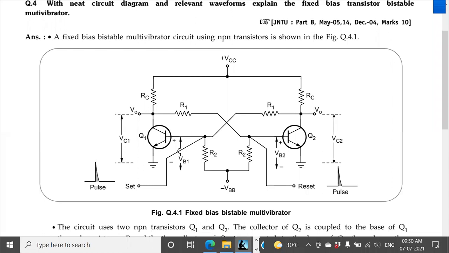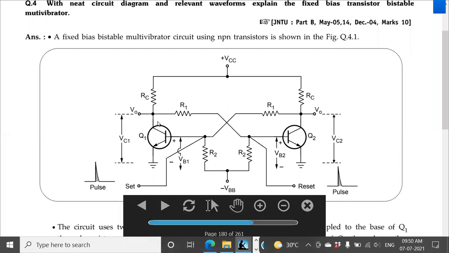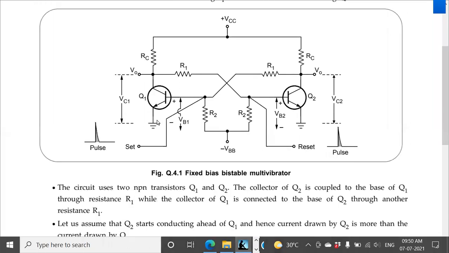Now let us start with a case where the current through Q2 is slightly higher than the current through Q1.